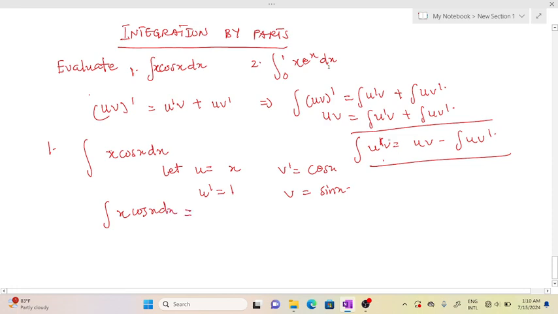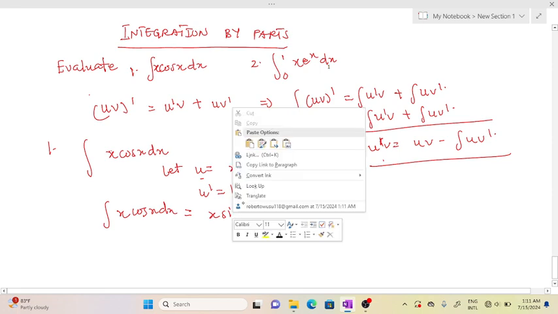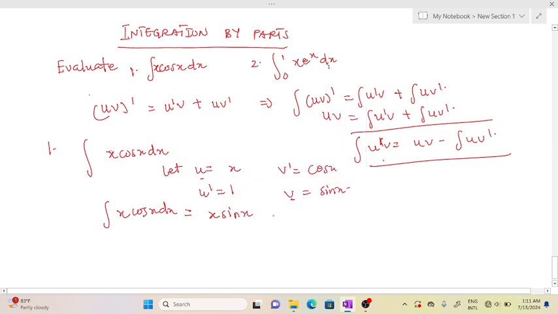This is my u and this is my v. I just multiply the two, and that gives me x sin x. Then minus the integral of uv prime. My u is x, then v prime becomes cos x.